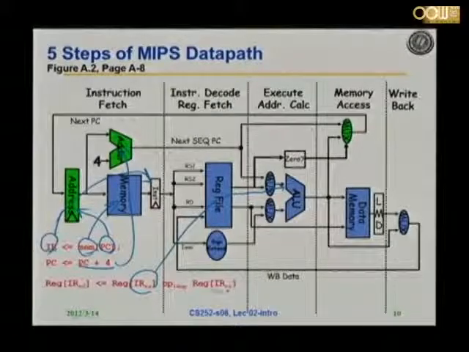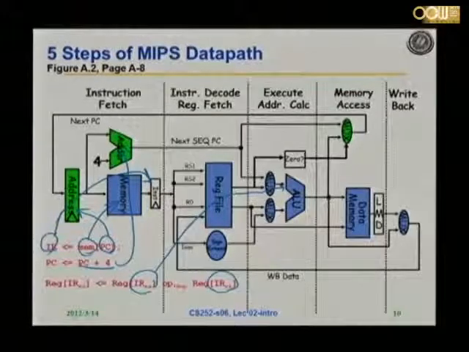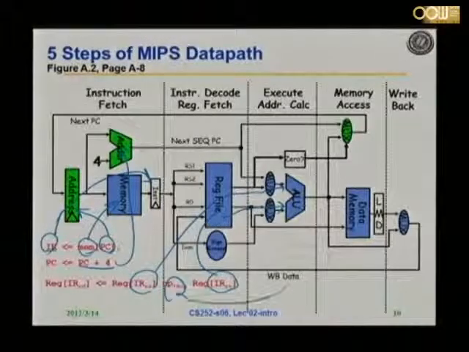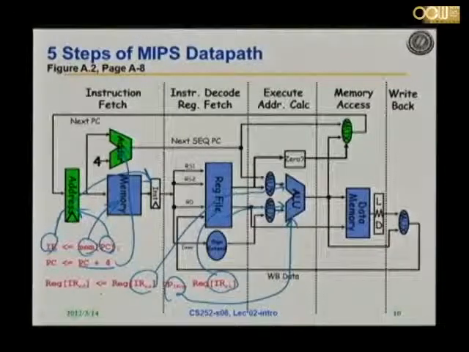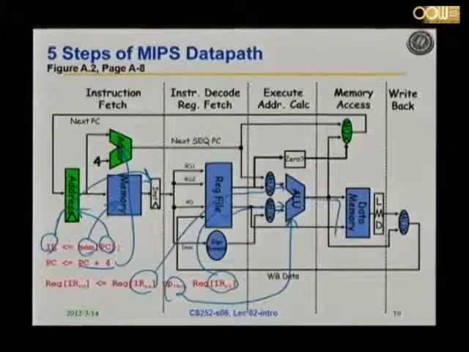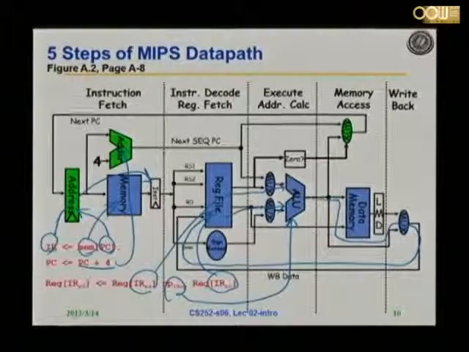We read another register, which is source 2, but here we call it temporary register, out also from here, and send it through this mux to the ALU, and perform the operation in the ALU, and then put the result back to the register file.